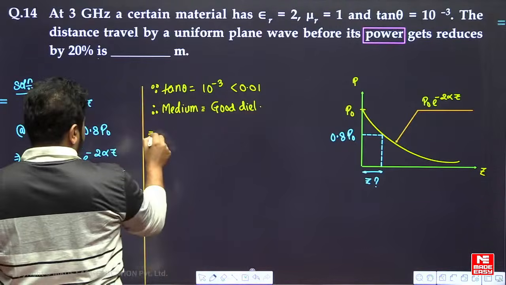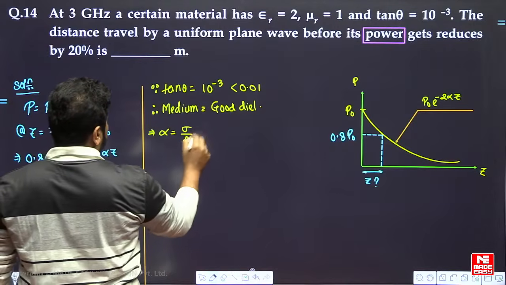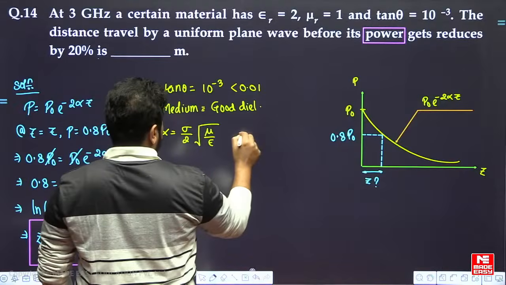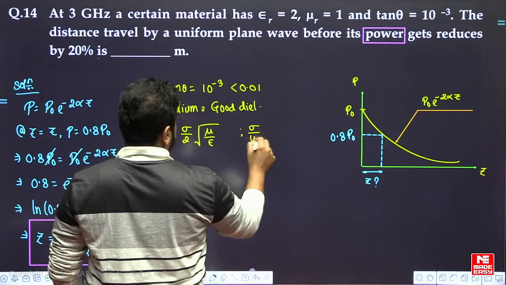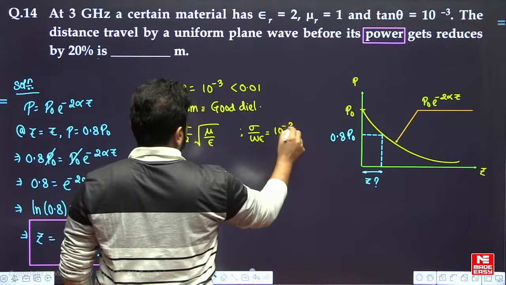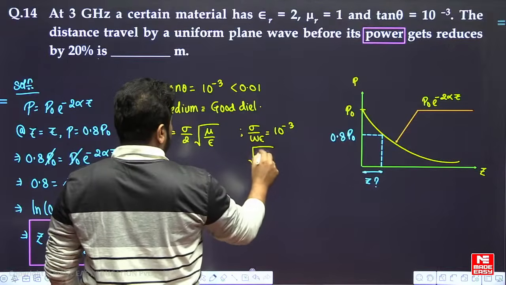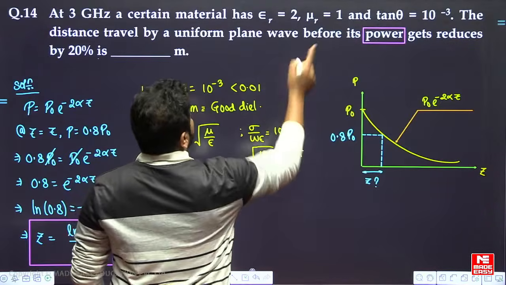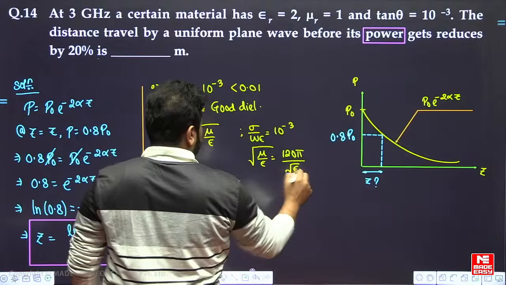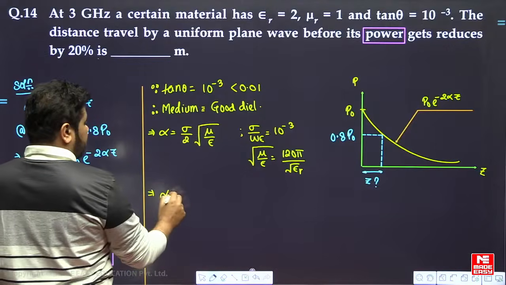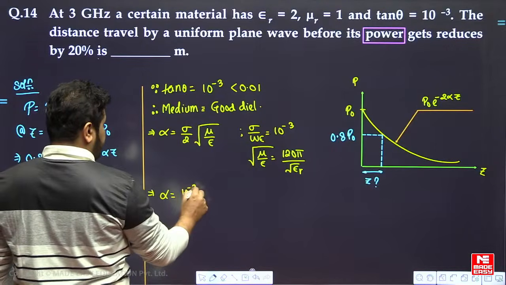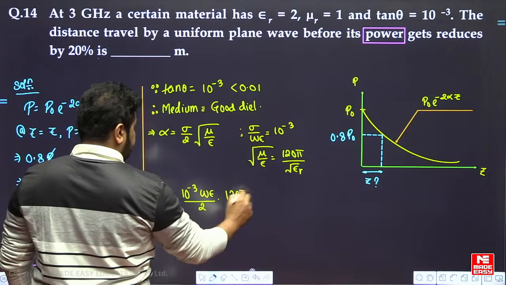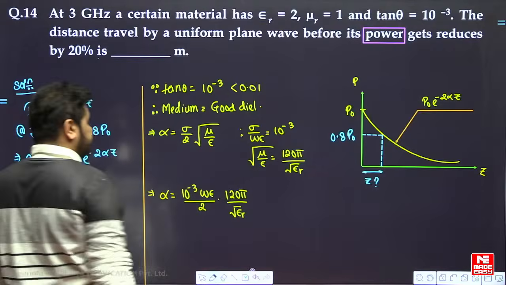So if it is a good dielectric, then the alpha value will become sigma by 2 root under mu upon epsilon. Now we know that sigma upon omega epsilon is given as 10 to the power minus 3, and root under mu upon epsilon is equal to 120 pi, mu r is 1, upon root under epsilon r. So alpha will become, sigma can be written as 10 to the power minus 3 omega epsilon, by 2 into 120 pi upon root under epsilon r, correct?